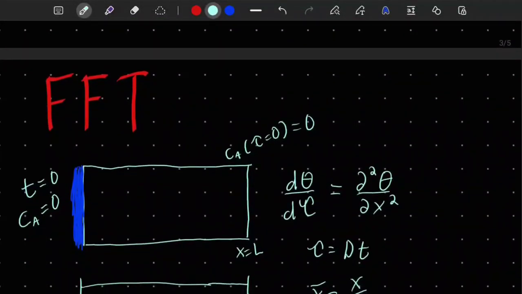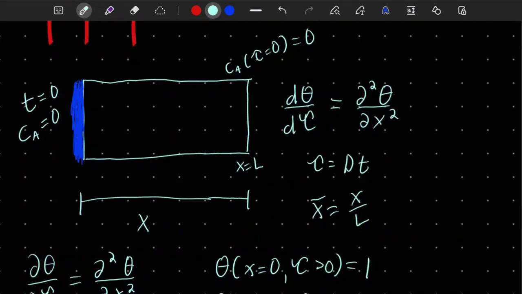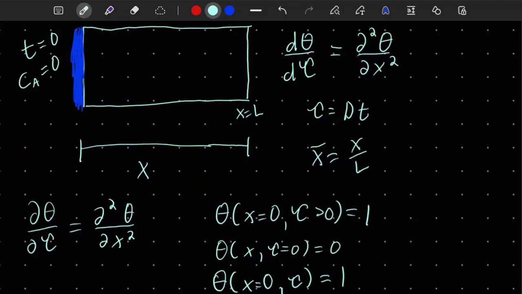So the final method is the finite Fourier transform. And the math for this is quite complicated, and it doesn't actually really matter. You can write things in terms of other functions of a basis function, and then we multiply things together to get the true solution.